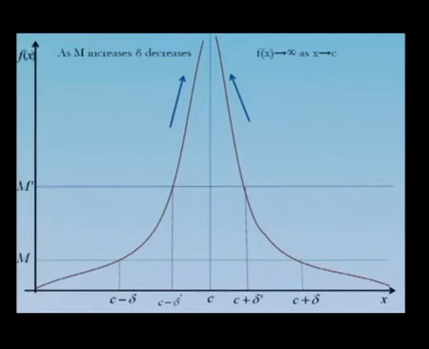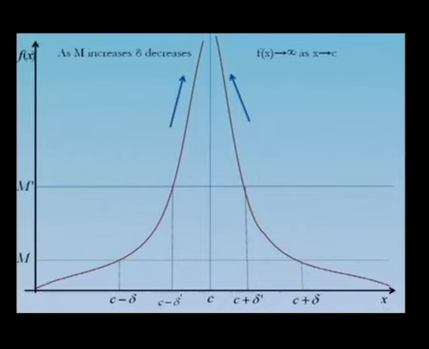Now if you increase the size of m, let us take a bigger number m dash, then corresponding to m dash we get delta dash such that if all the x except c lie in the interval c minus delta dash to c plus delta dash, then f(x) lies above m dash.